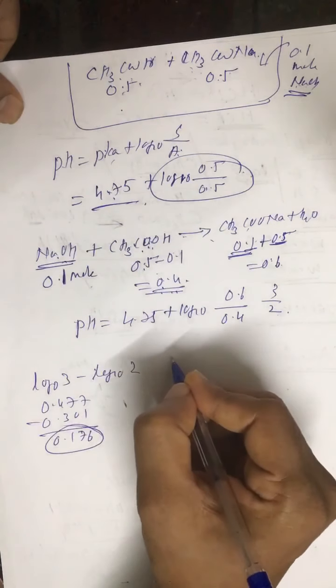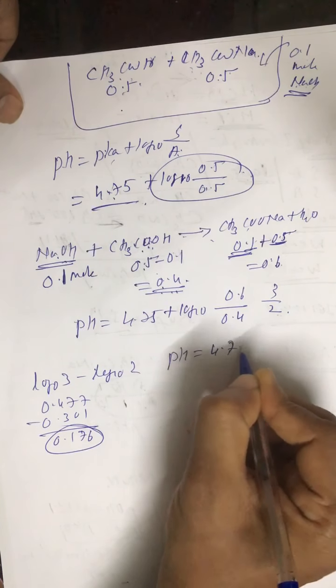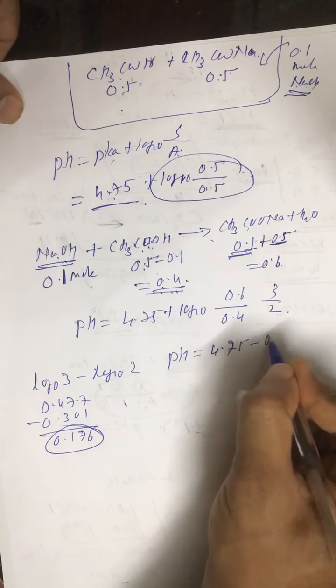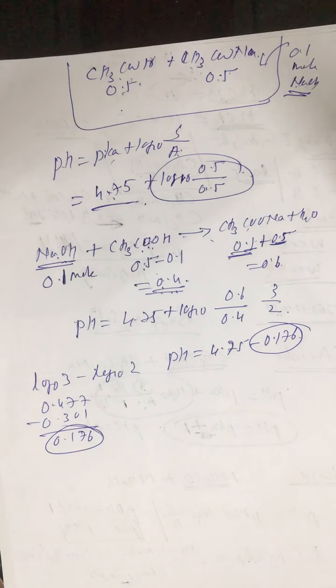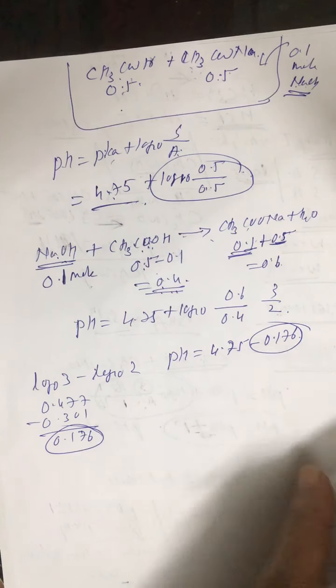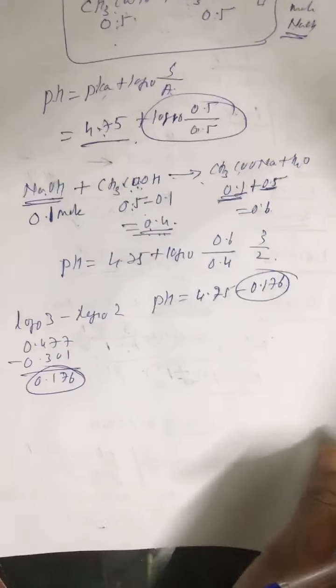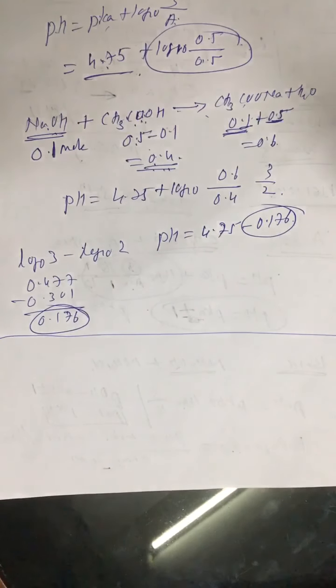This much change will be there. So the new pH will be 4.75 minus 0.176, and this much change will be there in pH. So this is about buffer solutions. Buffer solution is based on common ion effect.